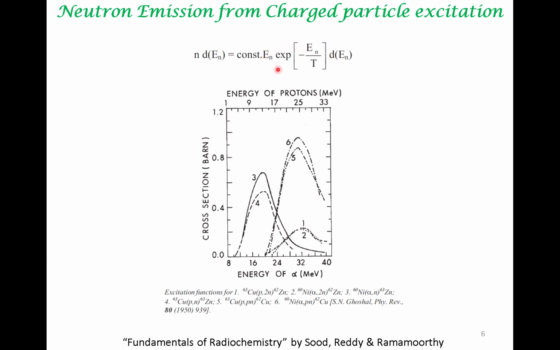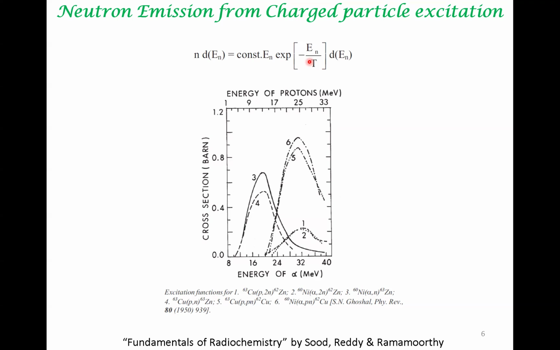Likewise, this is like a neutron getting evaporated from a nucleus that is at equilibrium at a temperature T. Because when you measure the number of neutrons at a particular energy, you see this kind of distribution, we can attribute something like a temperature to that nucleus.